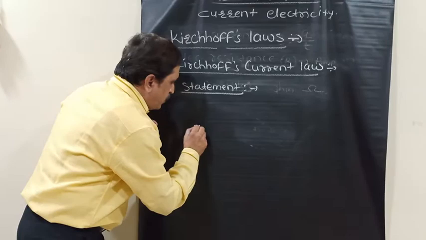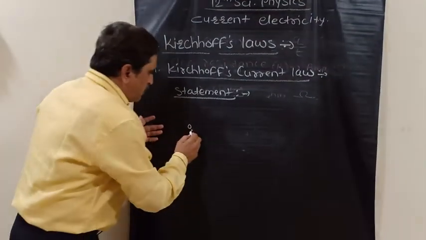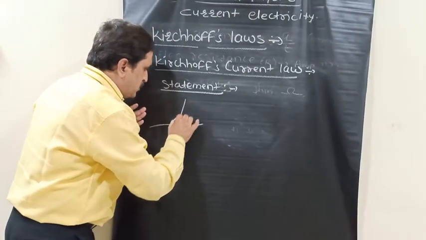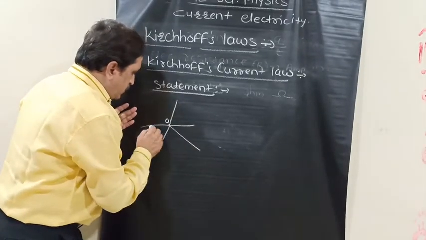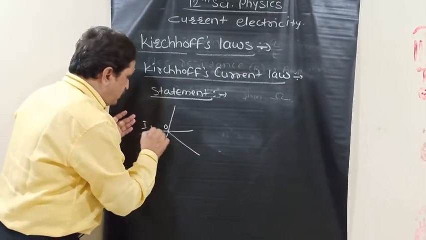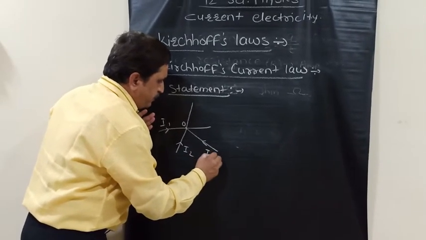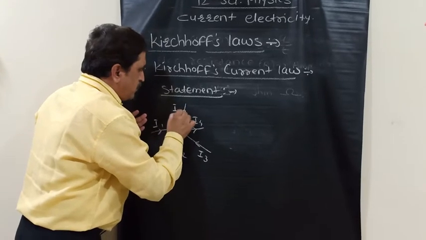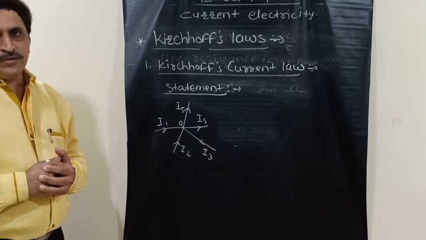Some currents are moving towards the junction, some are moving away from it. Suppose here I1, here I2, here I3, here I4 and here I5. That means at the junction 5 currents are crossing each other.